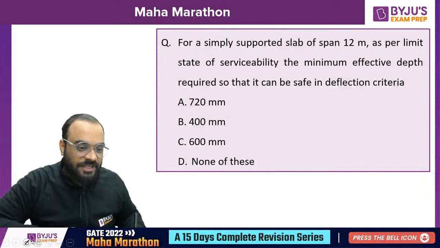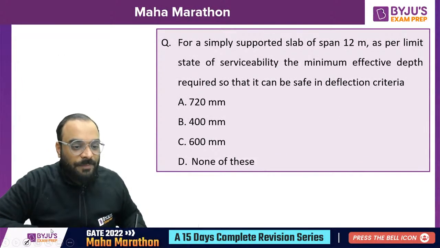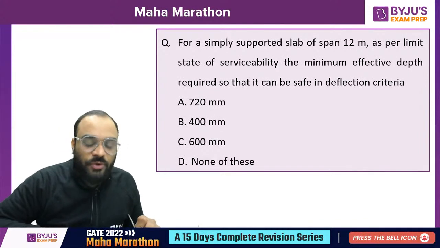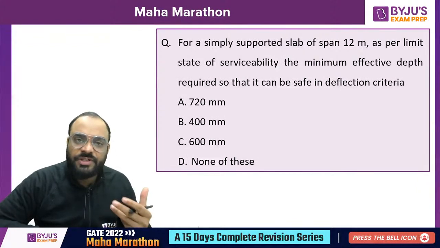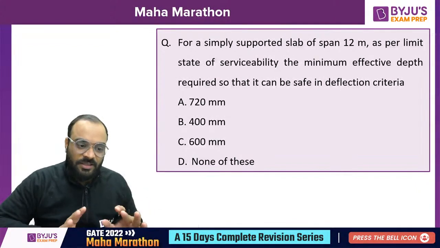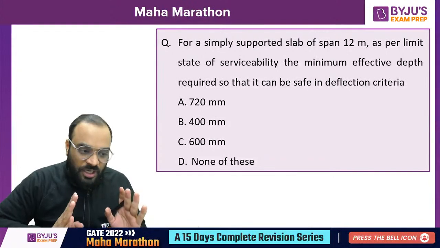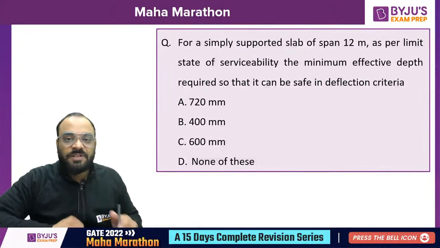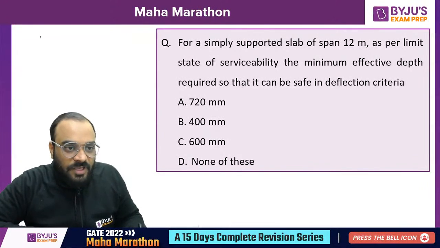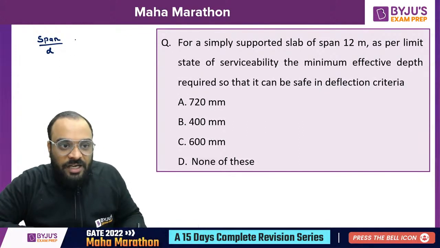Guys, you need to remember this particular condition. Let me explain in detail. As per IS 456-2000, they have suggested one criteria so that you can at least assume a certain value of depth which is required for our beam so that it cannot fail in deflection, right? As per that condition, they have recommended that span by effective depth should be less than or equal to A value always.